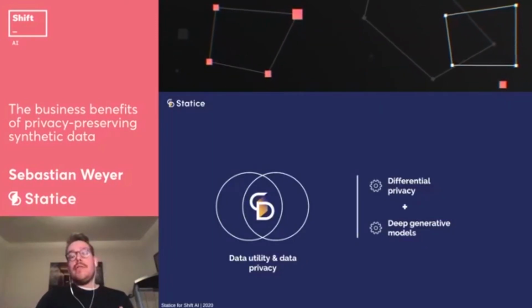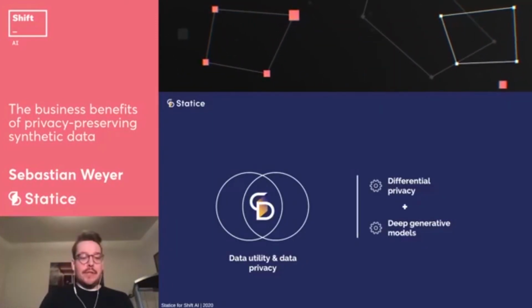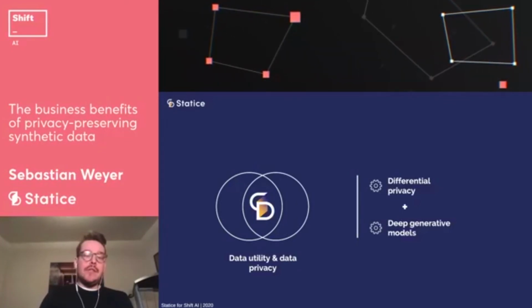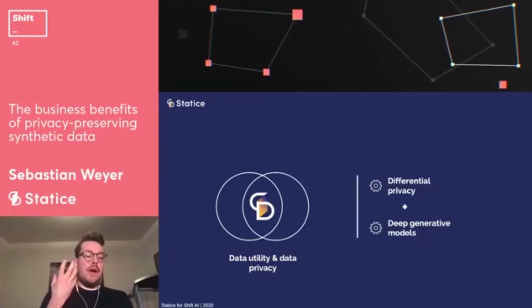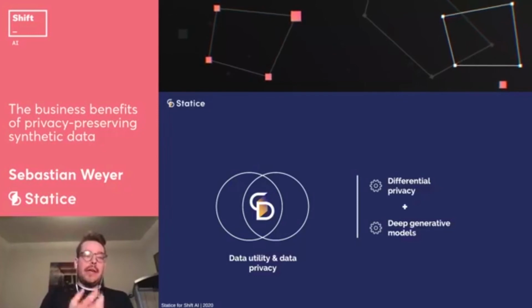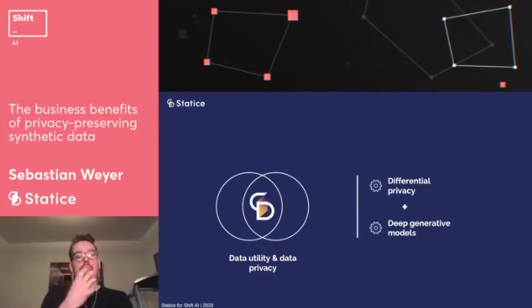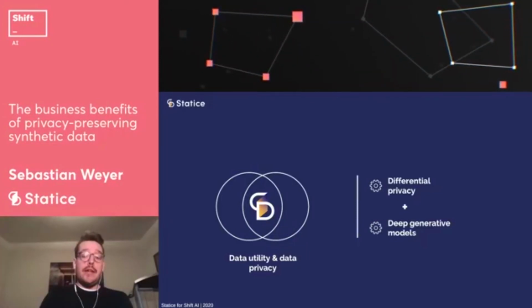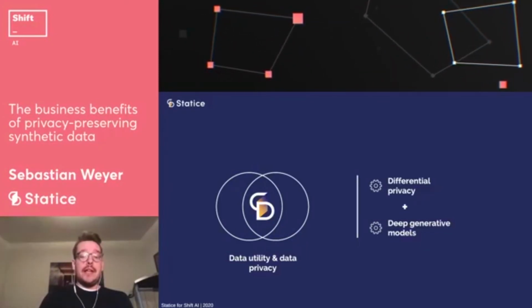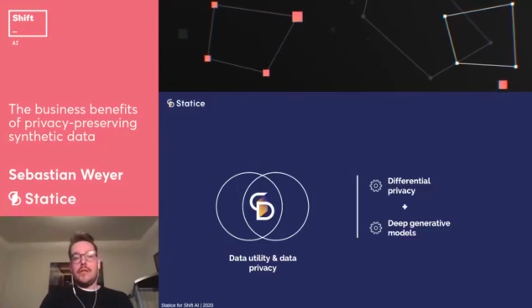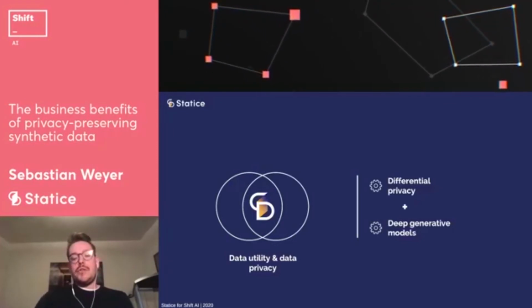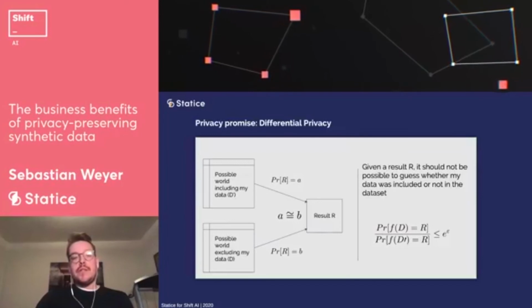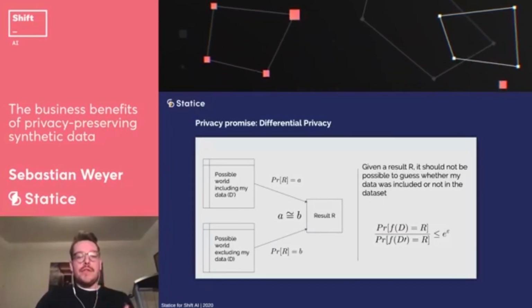So a methodology that we focus on quite significantly at Statice is the idea to use so-called deep generative models and the concept of differential privacy in combination to train models in a privacy-preserving manner, picking up statistically relevant information in an original source of data and using this to generate a new set of data that we consider, again, synthetic data, that itself has no one-to-one relationship to the original data, but still preserves the overall structural and statistical properties.